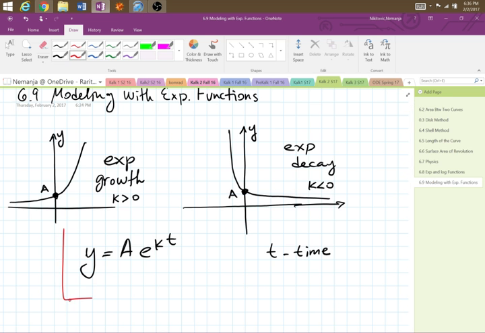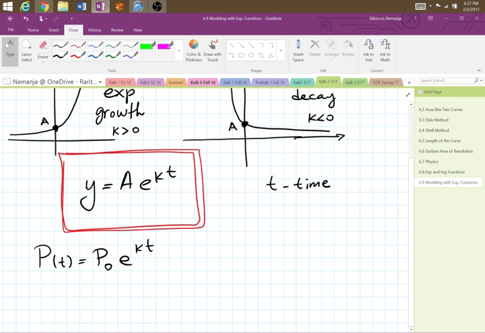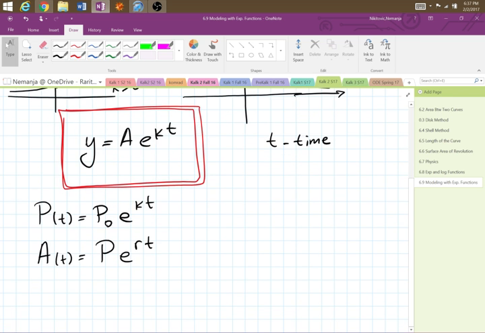This is the basic formula that we usually write in math terms, and then we change these letters to match the application every time. So you would say population at any time t is initial population times e to the kt. For money, the amount as a function of t is the principal times e to the rt, where r is the rate at which it's compounding.